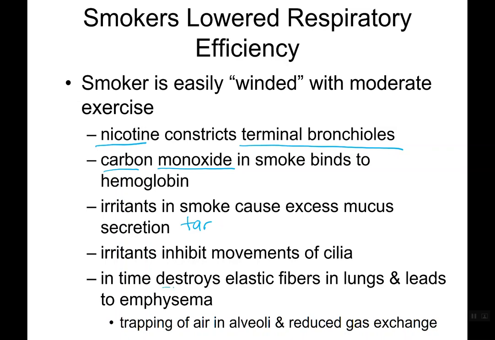And in time, this destroys elastic fibers in the lung, so that results in reduced compliance and trapping of air in alveoli. So if you can't move air out of your alveoli as fast as you're moving it in, that air is going to go to equilibrium from a gas exchange perspective, and then you can't get any more oxygen out of it. So that results in a net reduction in gas exchange. So it might seem like trapping air in your alveoli is good, but it's really not.